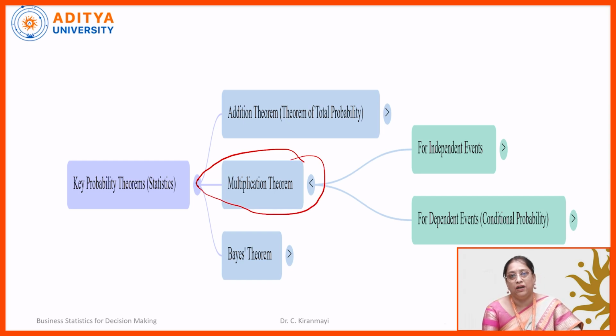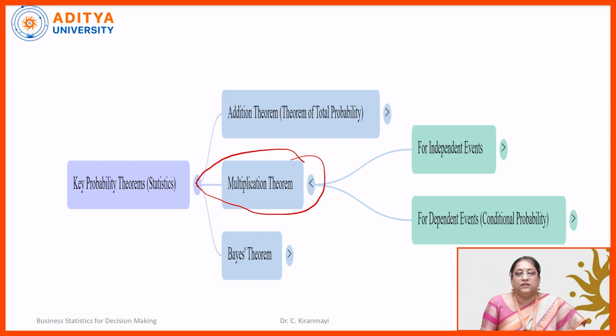So, coming to the multiplication theorem, when does this theorem come into picture and when can we make use of it? The multiplication theorem comes into picture when we are dealing with dependent and independent events.